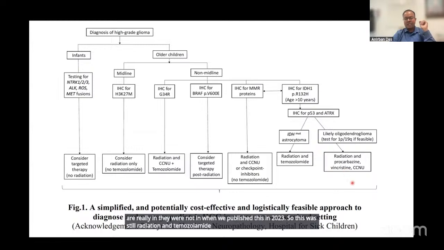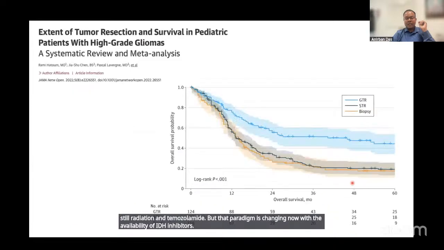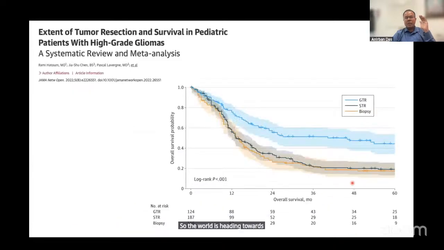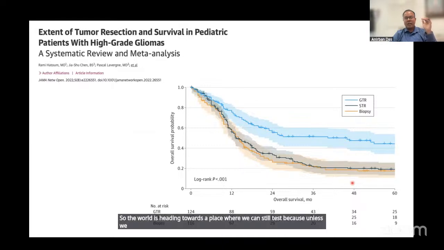But that paradigm is changing now with the availability of IDH inhibitors. So the world is heading towards a place where we can still test, because unless we test, we can't diagnose that. And then we use targeted therapies or avoid treatments that are not effective at least, and try to bring treatments like radiation, which have a proven effectiveness in these patient subsets.